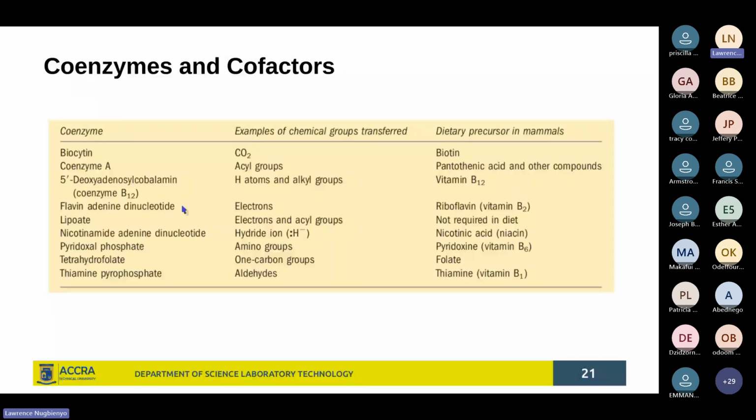Now, when you come to the coenzymes, you remember I told you cofactors generally refer to the metal ions, and the coenzymes refer to biological molecules, but they are not proteins. But when they get attached to the enzyme, they cause the enzyme to be active. Now you have coenzymes being biocytin, coenzyme A. I think one of the commonest you have seen a lot of times in biochemistry was coenzyme A, which you saw in different biochemical reactions in metabolism.